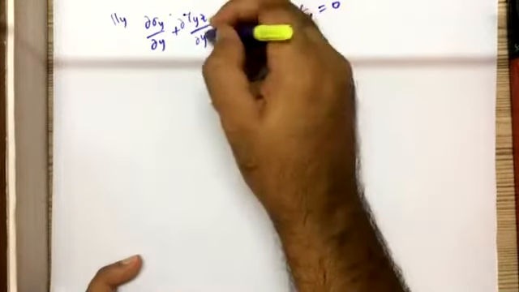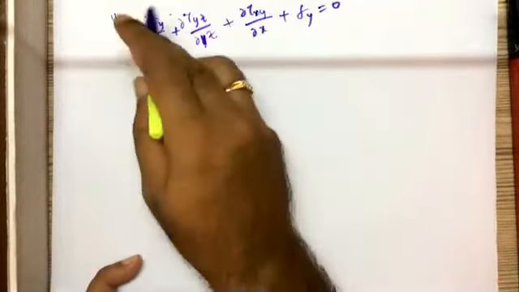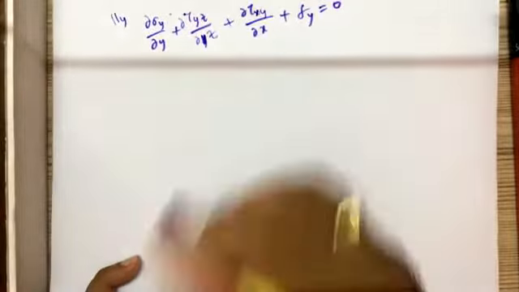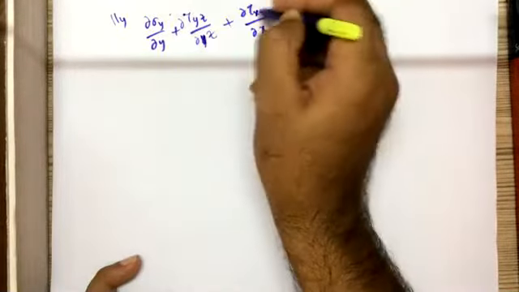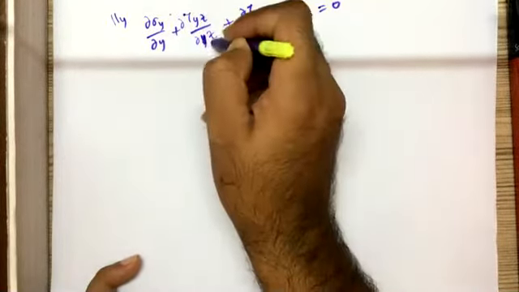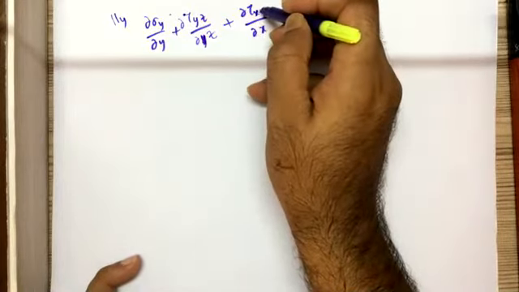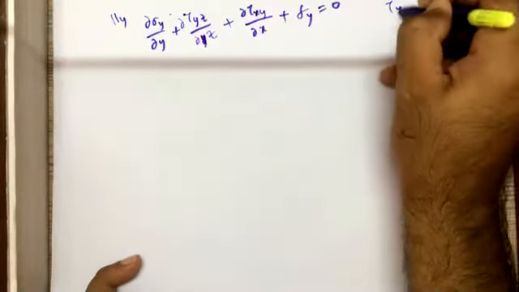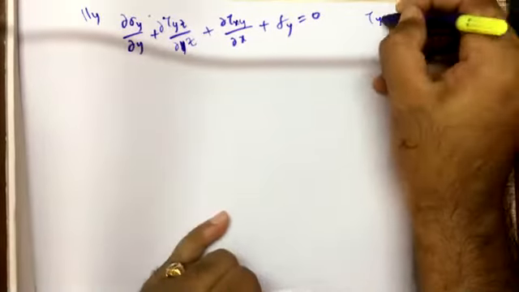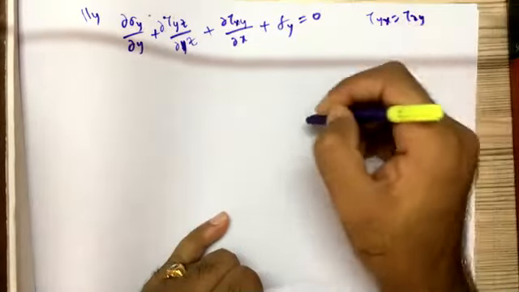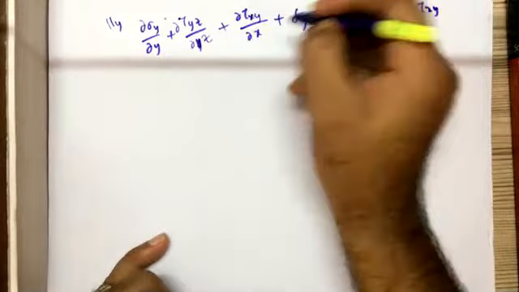Oh, sorry, this is z. ∂σy/∂y plus ∂τyz/∂z, y should be common everywhere, plus ∂τ, it should be yx, but τyx is same as τxy. So that is the reason ∂τxy/∂x plus fy is equal to 0.